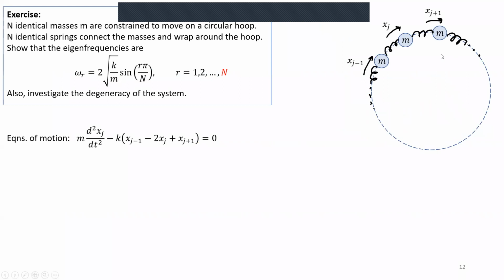So here, let's write down the indices more carefully. We have x1 all the way to xn, so let me just put them down. We have x1, x2, xj, all the way to xn.